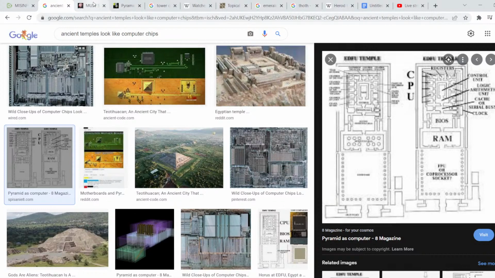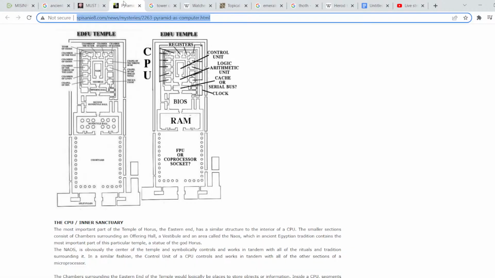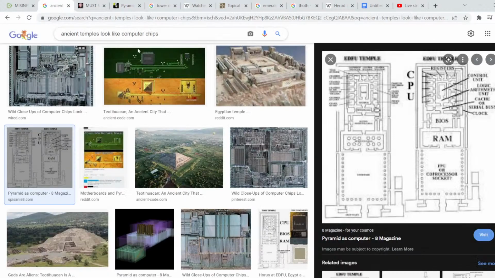And so we bring it into Elon Musk's chip that he wants to put in your head, right? It looks to me like they took this 10,000. I mean, this is a whole entire temple. These are ginormous structures. That's the whole entire pyramid. That's a computer chip.